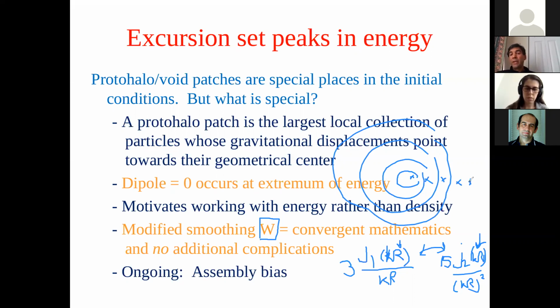Now, we know that except for the position that ends up being the center of the halo, so the center of mass position, if you want, in the initial conditions, all the other positions give you the wrong prediction. Right. And that means, if you're using all of these guys to train your machine learning algorithm, you're using a very noisy training set.